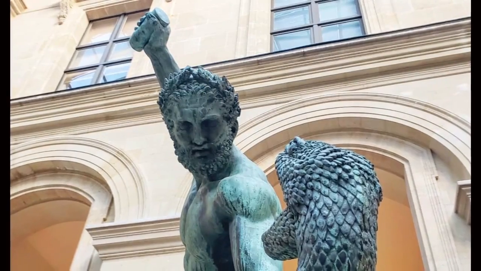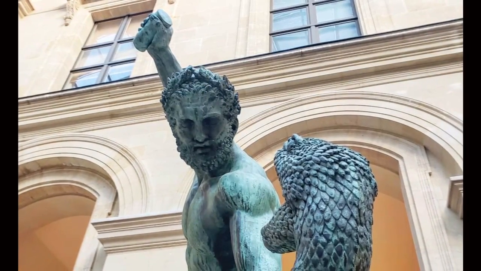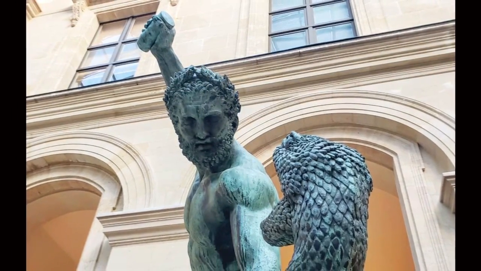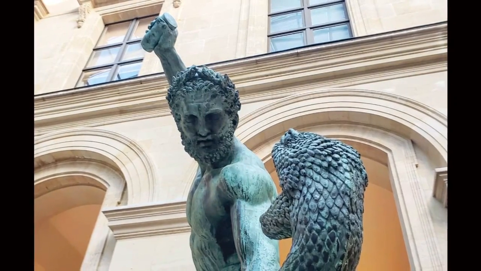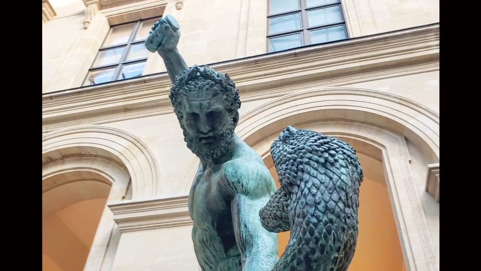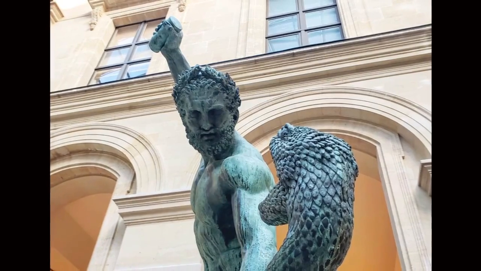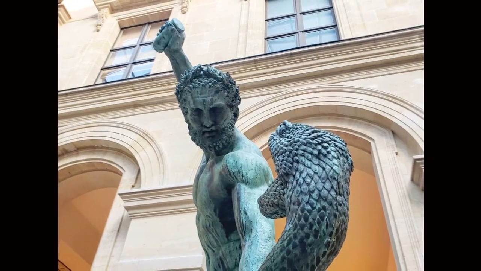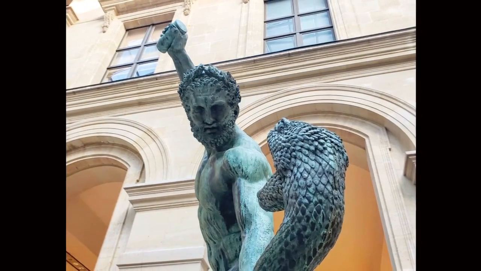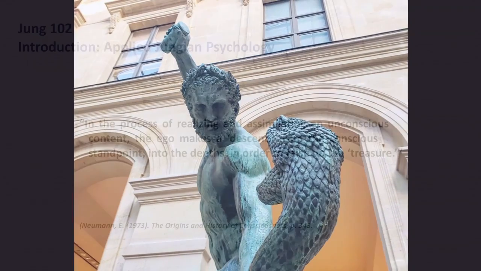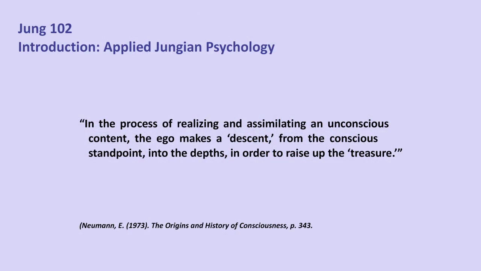Now, Jung points to the myth of the hero as a way to illustrate the tendency of the ego to descend into the unconscious during this second stage of individuation. We could call the hero's journey a myth of individuation. As the Jungian analyst Erich Neumann puts it, in the process of realizing and assimilating an unconscious content, the ego makes a descent from the conscious standpoint into the depths in order to raise up the treasure.